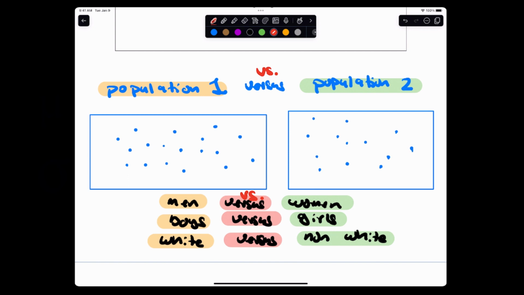Now, if you're going to talk about a proportion, what's a proportion again? You guys know what I'm saying? We're going to compare two proportions. Just because it starts with the letter P doesn't mean it's the same. This is a proportion from population 1, and this is a proportion from population 2.